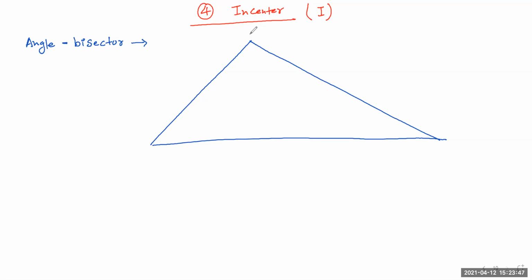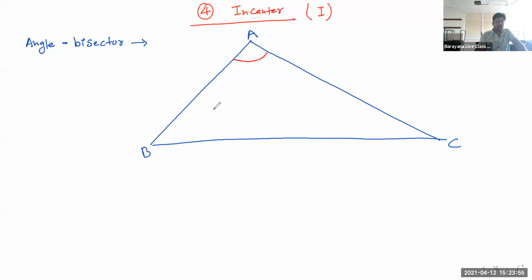That's it, nothing else. So if you draw a triangle ABC, then we have three angles here. One is angle A, one is angle B, and the last is angle C. So we have three angles.